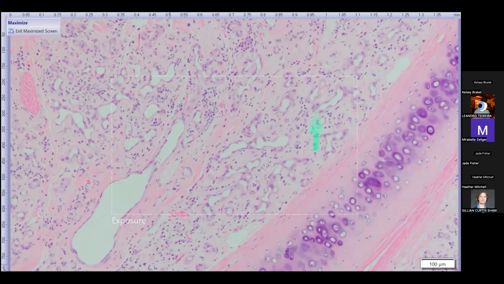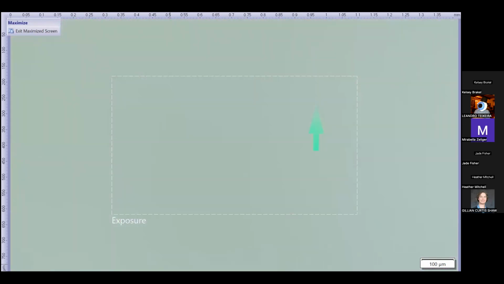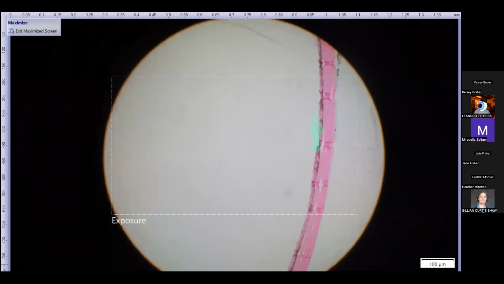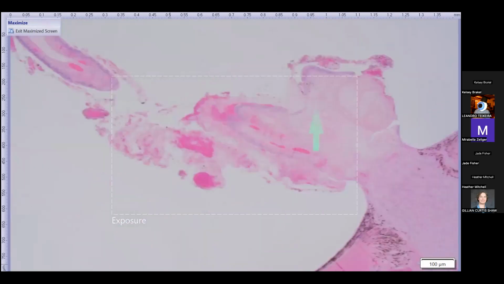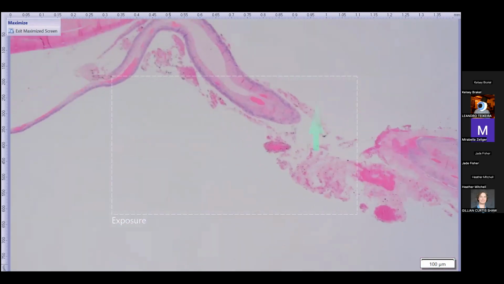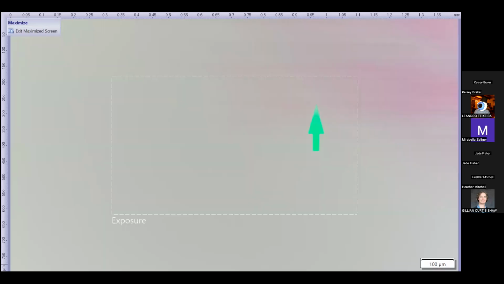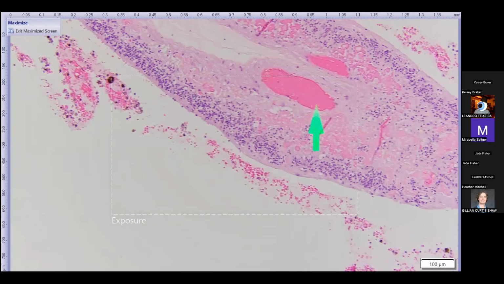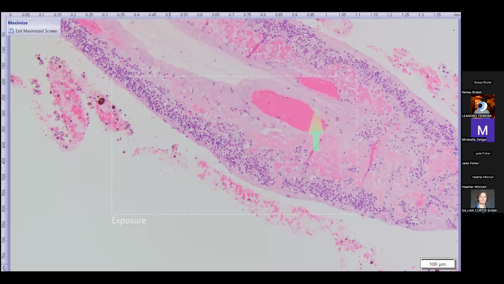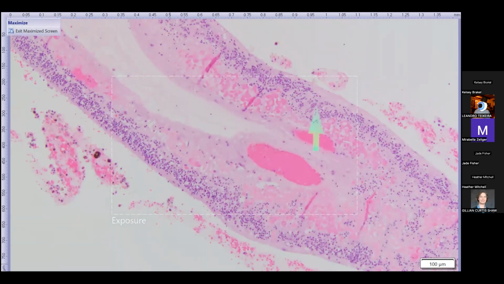Can we go back to the globe and the retina real quick? So I'm a little bit skeptical of the lenticular metaplasia. Because normally we should be able to very clearly identify bladder cells, which I didn't really appreciate there. And also we have a necrotic retina that has crazy vascular necrosis.